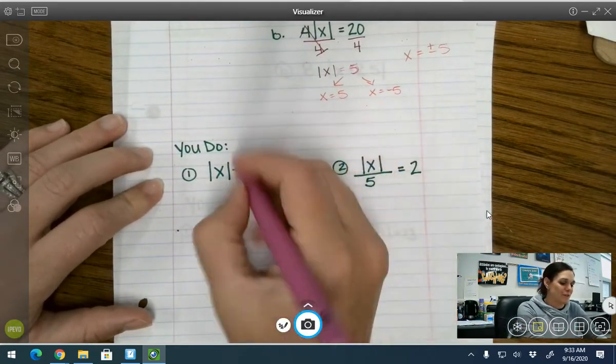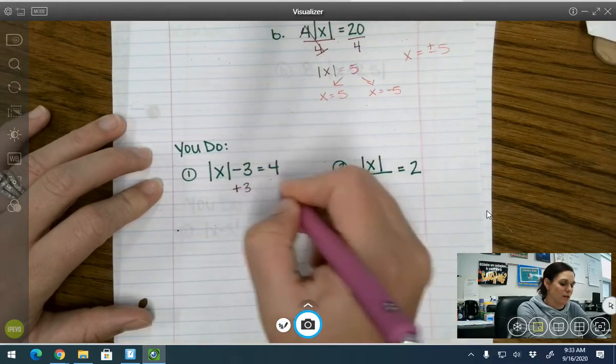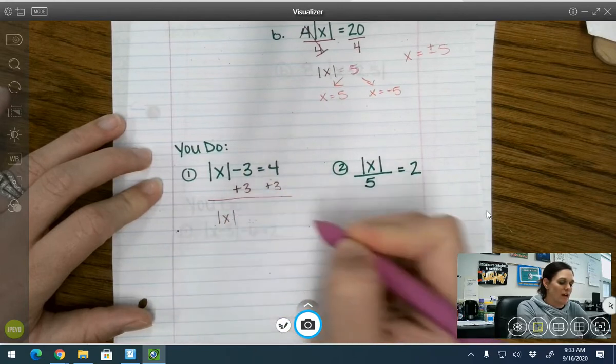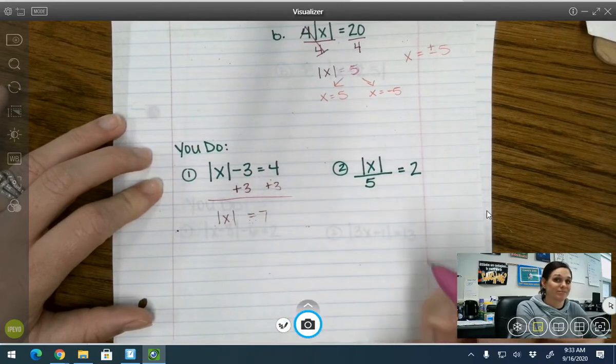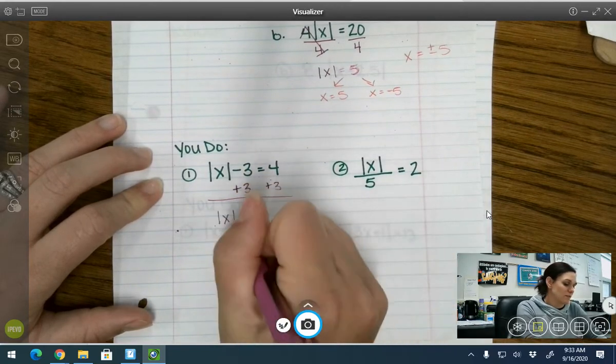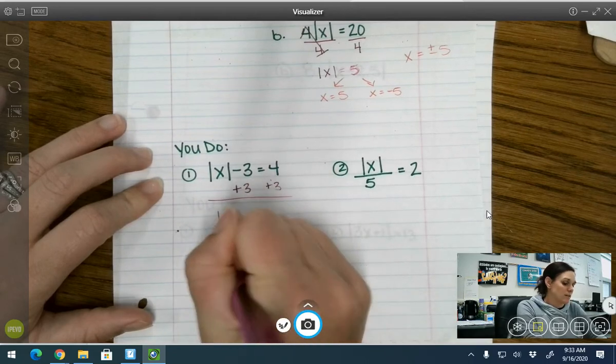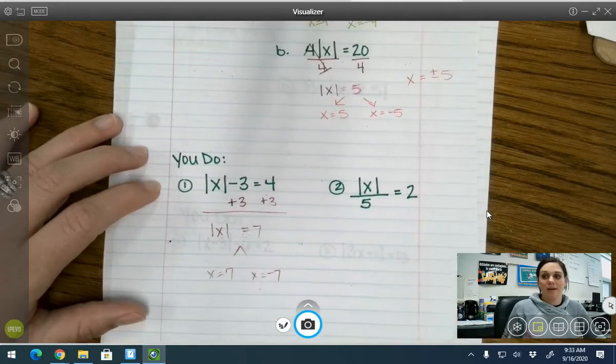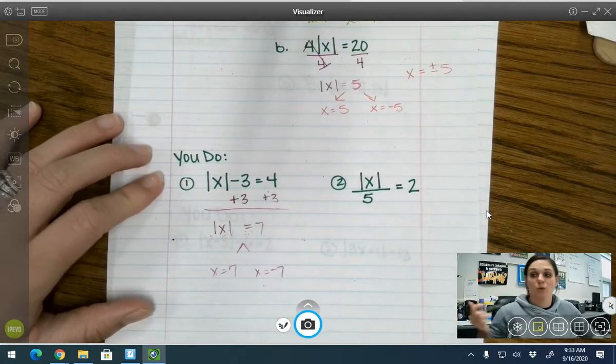All right, so my first step here is I should have added 3 to both sides. So we get the absolute value of x equals 7. I then slice and I dice. So x equals 7 and x equals negative 7. All right, my pen is deciding that it does not want to work.